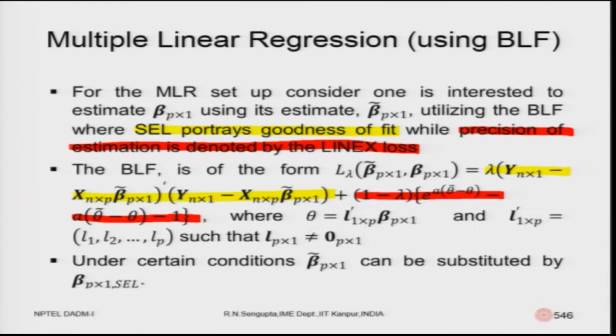So, under certain conditions you can replace beta tilde, which is the estimate you are utilizing for beta, with the squared error estimate. Squared error estimate is the beta hat which you have used. So, you replace that and you can do the calculations accordingly.